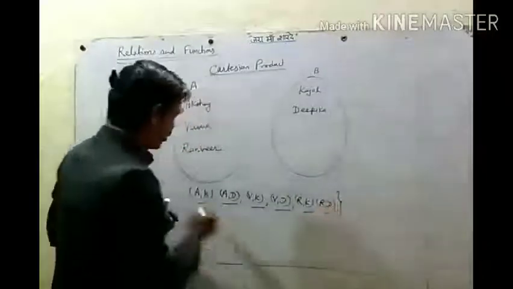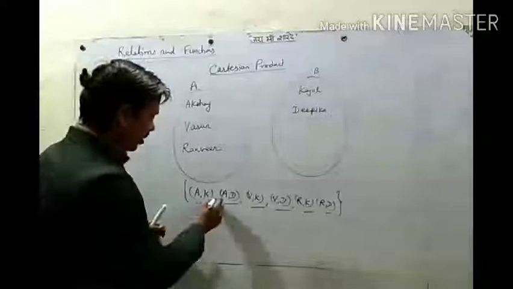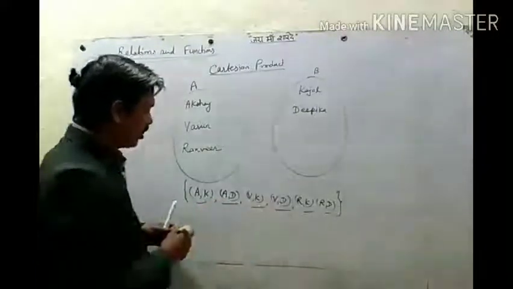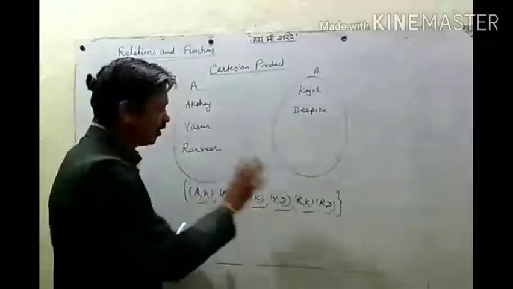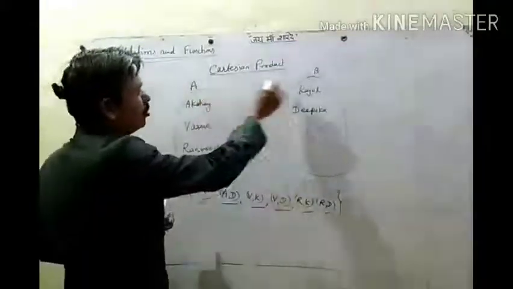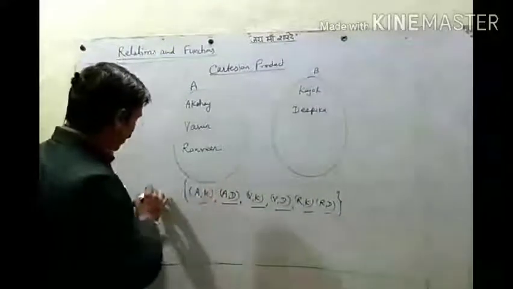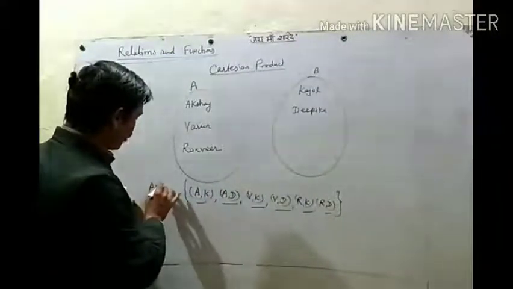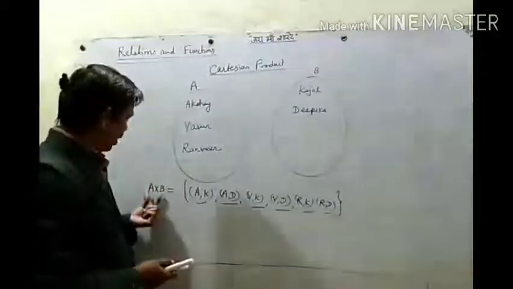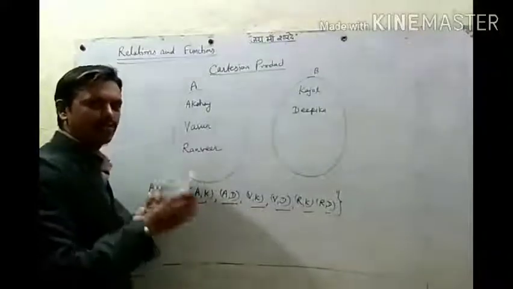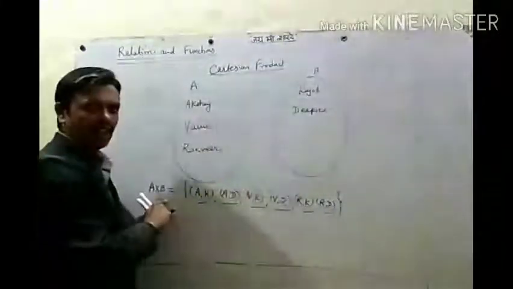If we put these in one set, we get one set having these elements in a particular order: the first element is male, the second element is female, from set A to set B. This we call the Cartesian product of A and B, and we denote it by A cross B. The Cartesian product of sets A and B is denoted by A cross B.